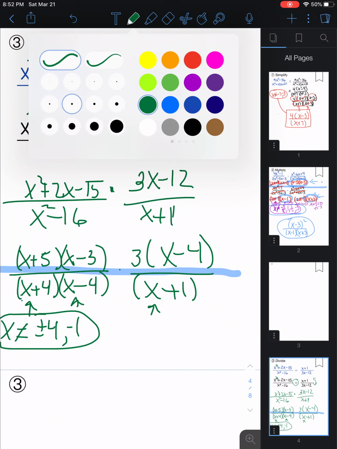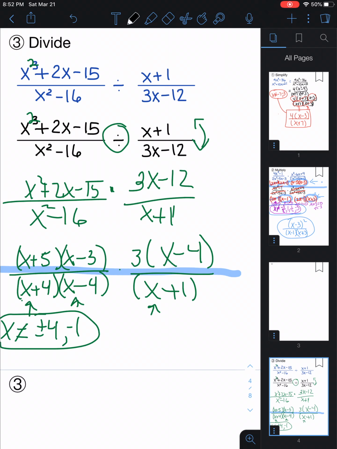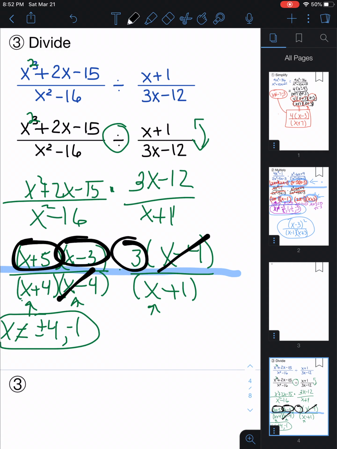Now we'll do our cancellations. Okay, cancellations. And I've got an x minus 4 and an x minus 4. x plus 5, x minus 3, and 3 stays on top. x plus 4, and x plus 1 stays on the bottom.